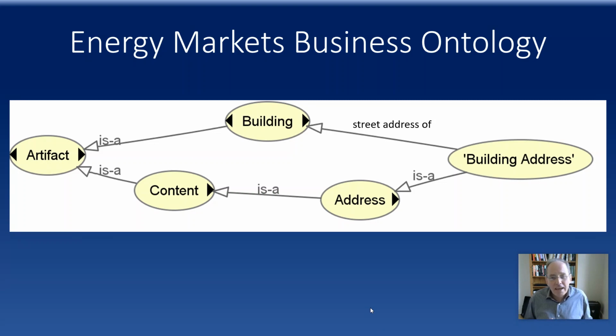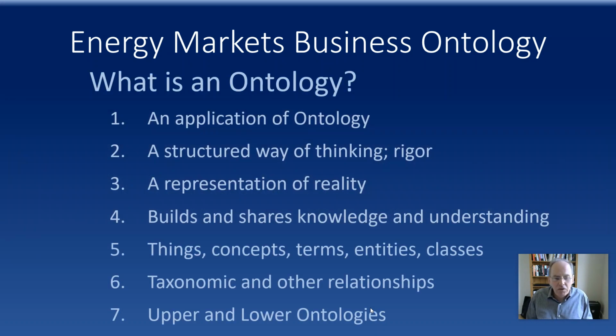That is not a taxonomic relationship. And the relationship actually here is the street address of, so that the building address is the street address of a building. And so that gives just a taste of the relations that we expect to see in an ontology, taxonomic and other relationships.